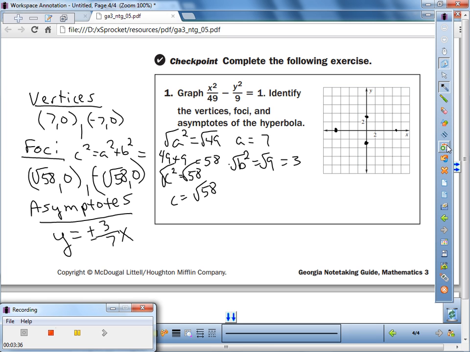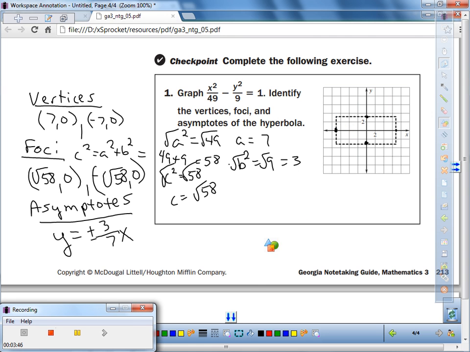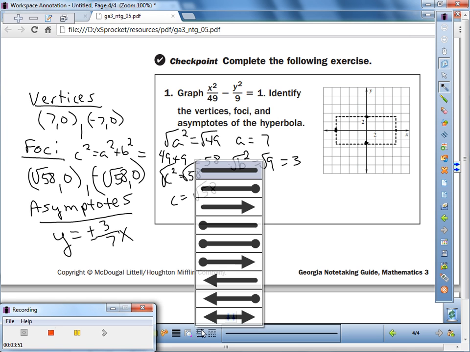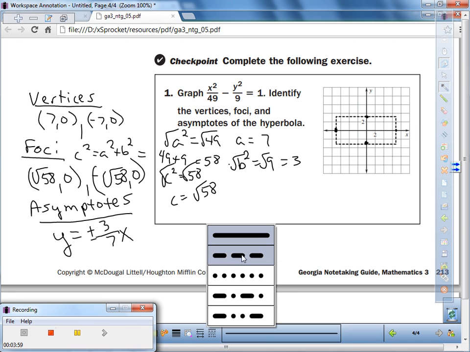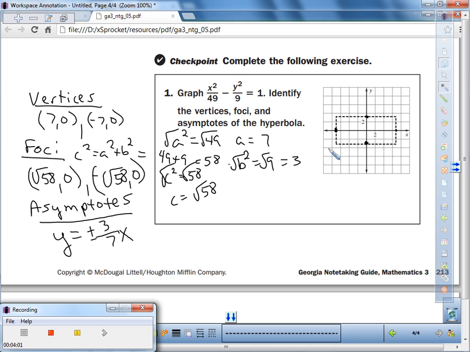Our little box is just a guide to help us put everything else in the right spots. So that's our box. Now I'm going to draw in the asymptotes. Oh, that's a little off. Let's go on a dashed line.